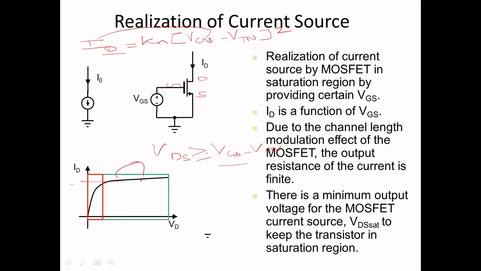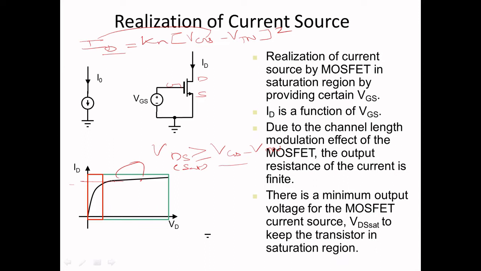The other name for VGS minus VTN is the overdrive voltage. In some books it is specified like this. So we can take it as VDS saturation greater than or equal to VGS minus VTN to move to the saturation condition.